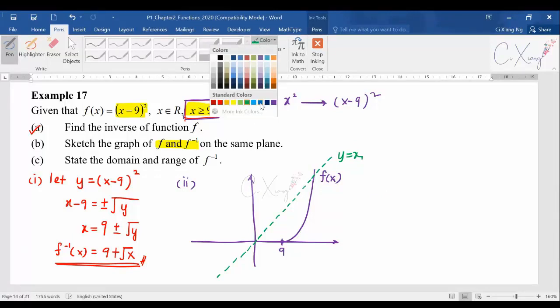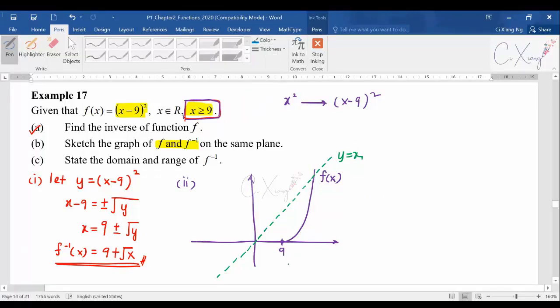Okay, so now I want to draw the inverse function. To draw the inverse function, this point itself is 9, 0. So when I swap the coordinate, it will become 0 and 9. So 0 and 9 may be here. And then just now I already asked you to draw the graph y equals to x.